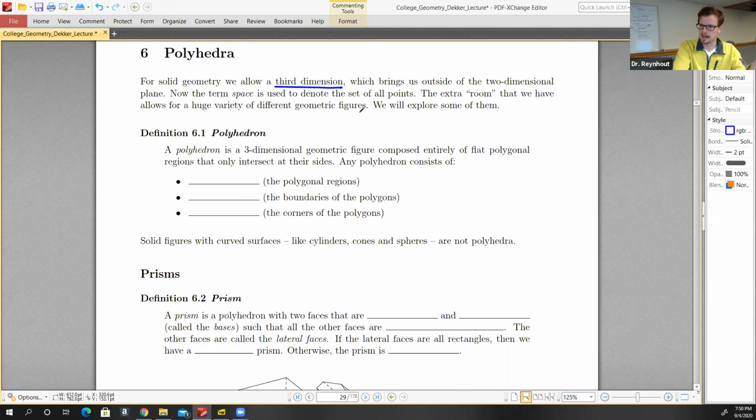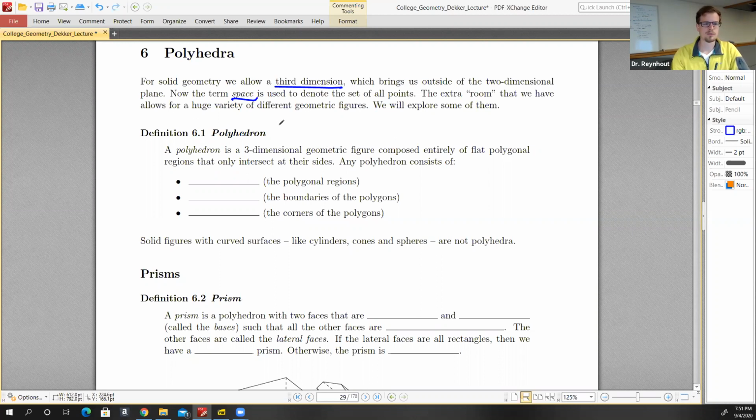Note that we named the axes for this course, geometry, but what we do is we add a third axis that takes us from a flat plane to a three-dimensional space. Now, a lot can happen with that additional space, but space is used to describe it instead of plane. So now we're working in space instead of a plane.